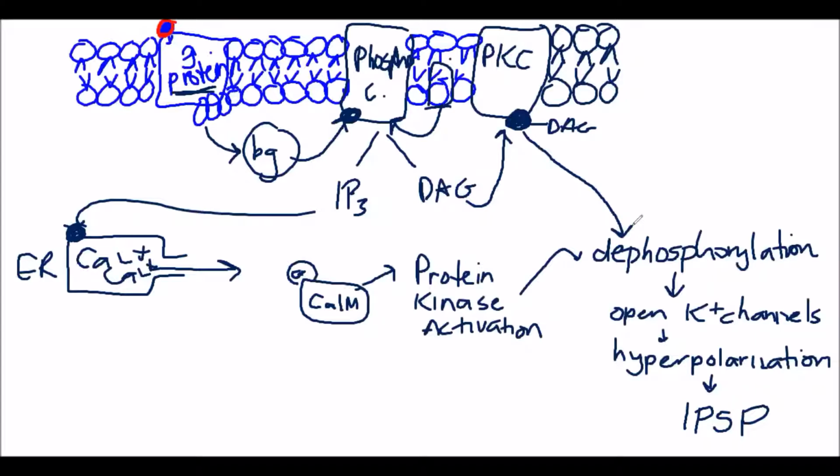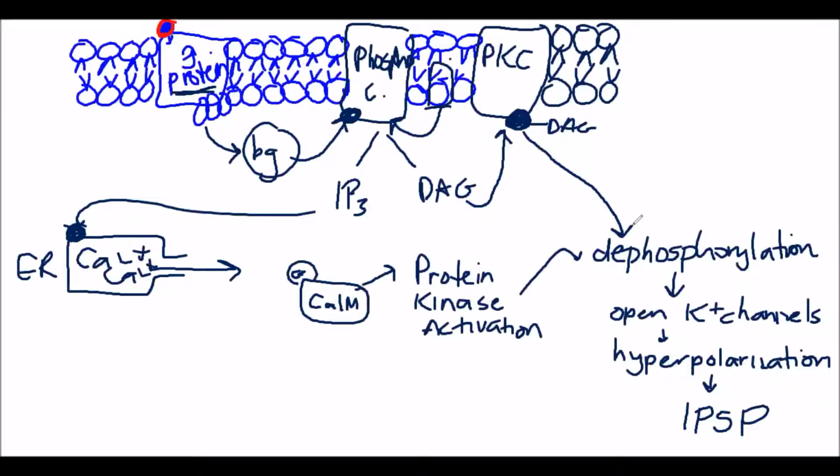Once this binding takes place, it's going to cause protein kinase activation, which leads to dephosphorylation of proteins and opens potassium channels. Once potassium channels are open, it allows for hyperpolarization, and that causes an IPSP. And going back to DAG, DAG will bind to protein kinase C. This will activate the protein kinase, and it will also cause dephosphorylation, which opens potassium channels, which then leads to hyperpolarization, which leads to an IPSP.